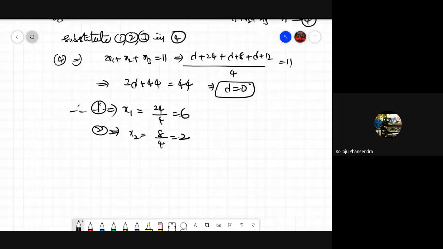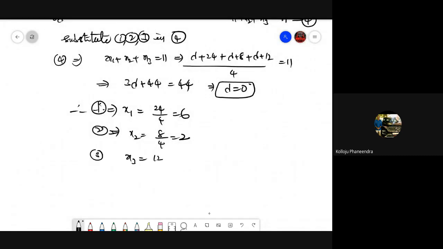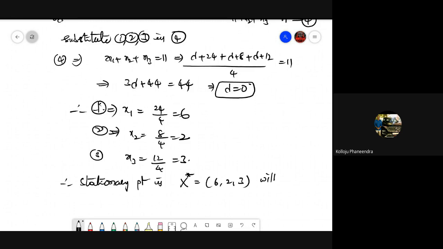And equation 3 implies (lambda plus 12) by 4, lambda 0, so 12 by 4, that is 3. Therefore, the stationary point is X star equal to (6, 2, 3) with lambda equal to 0.